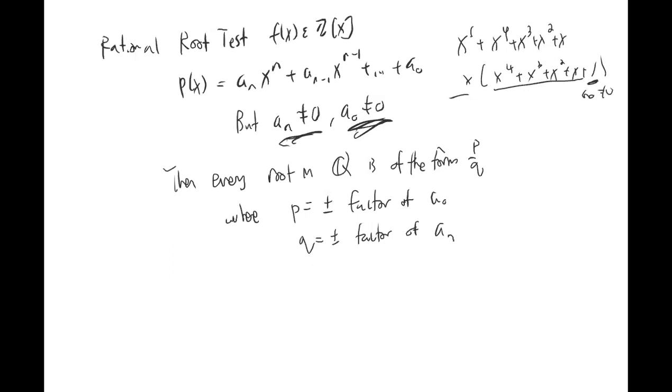Nobody includes 0 as the constant term or the leading coefficient. This is more of a without loss of generality thing. I'm going to move on since you've all heard of this. I don't think this is anything new.